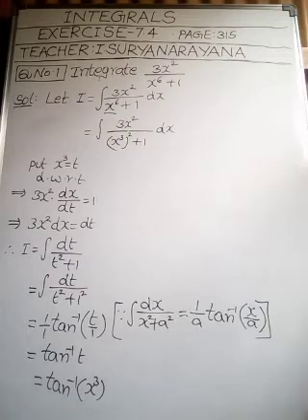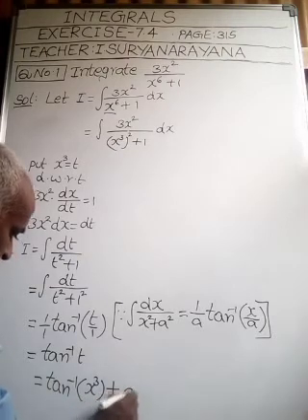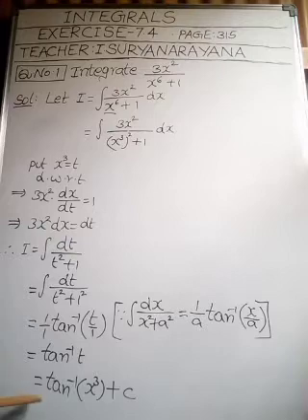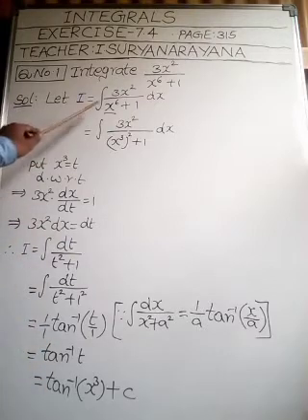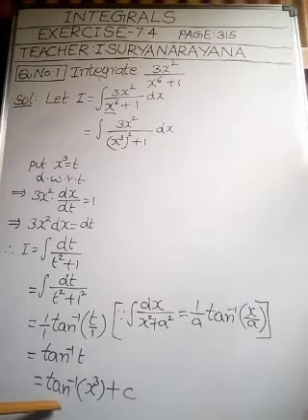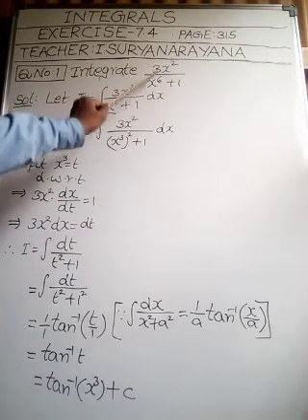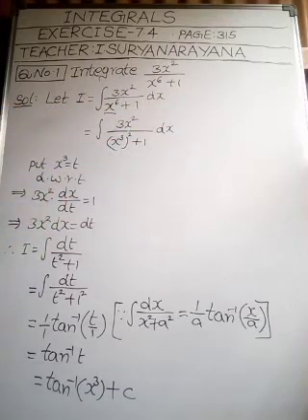Understood this step, my children? Right. Plus c. This is the integral of the given function. If you want to check whether this answer is correct or not, find the derivative of this function. Then automatically you get the function 3x square by x to the power of 6 plus 1. Understood this point?